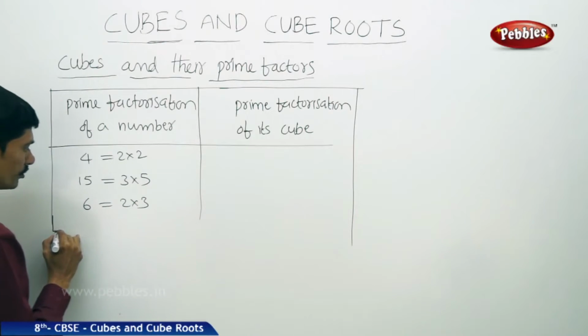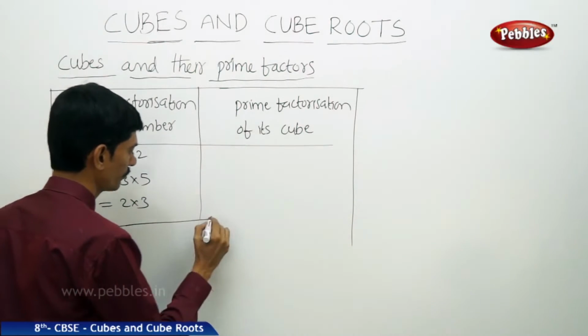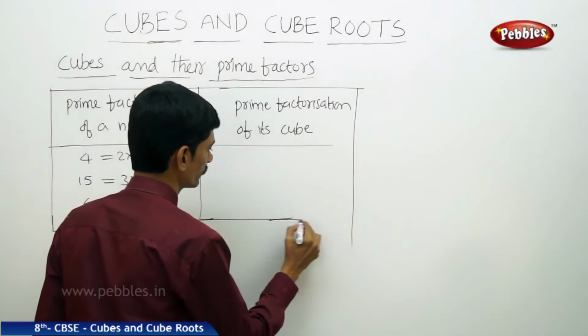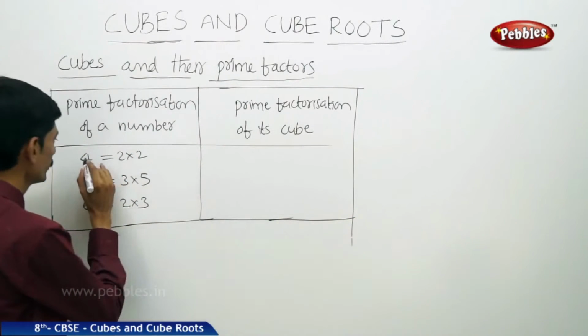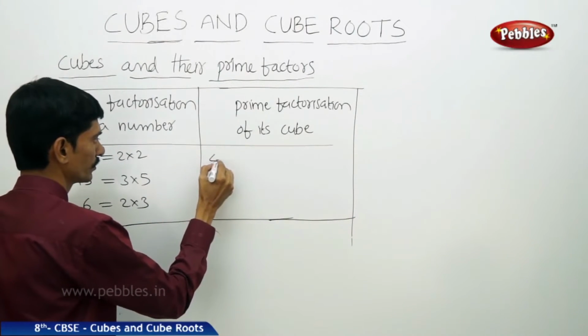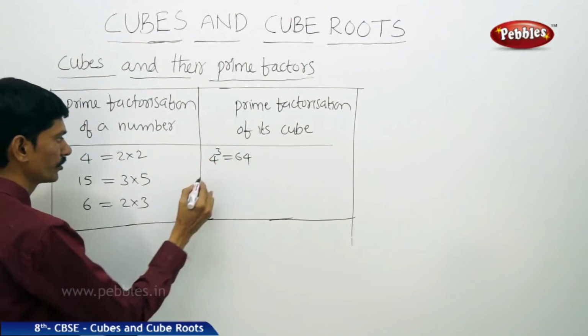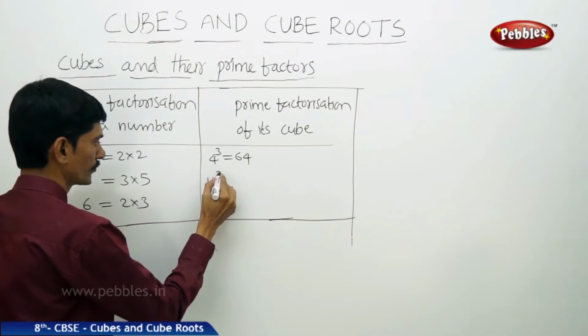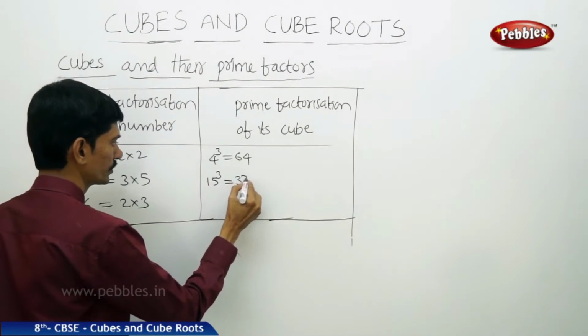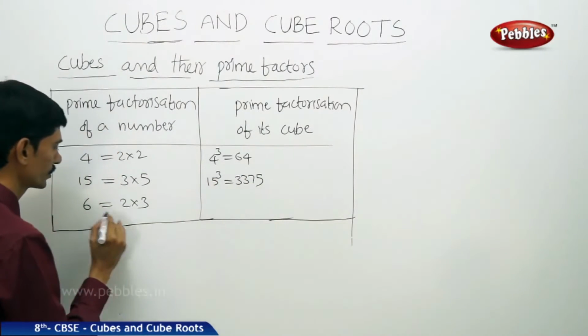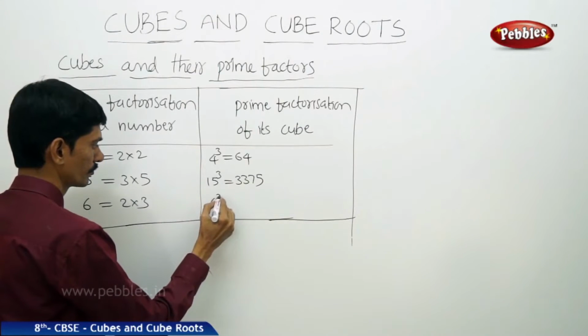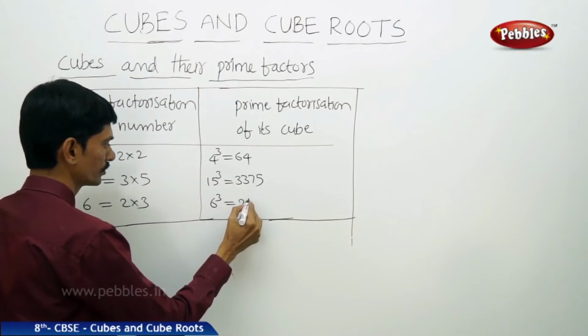Now let us find the cubes of these natural numbers and see their prime factors. So we know that 4 cube is 64, and 15 cube equals 3375, and 6 cube equals 216.